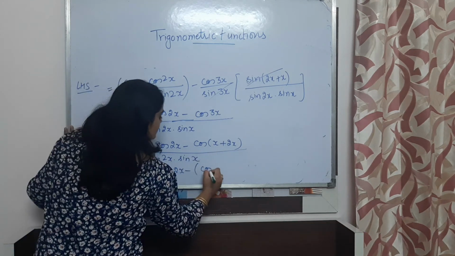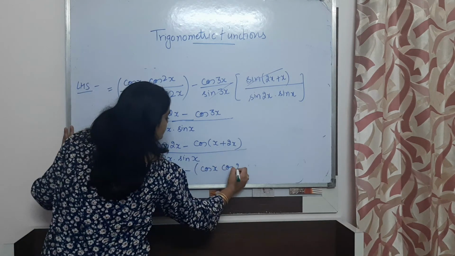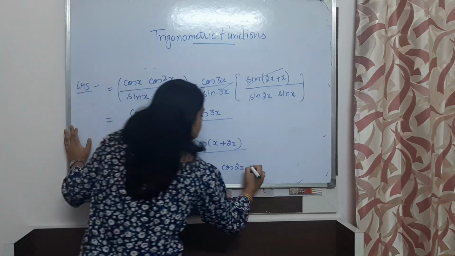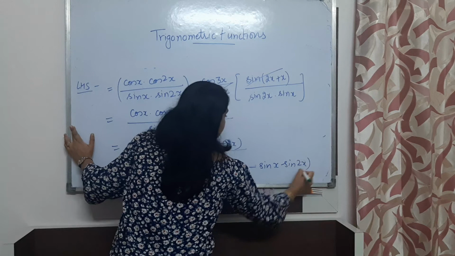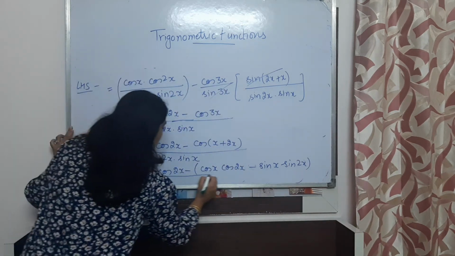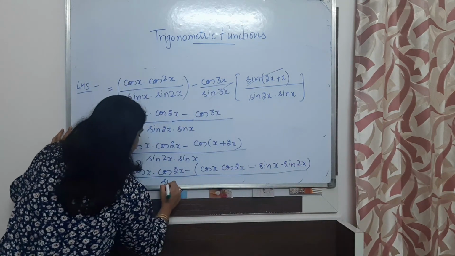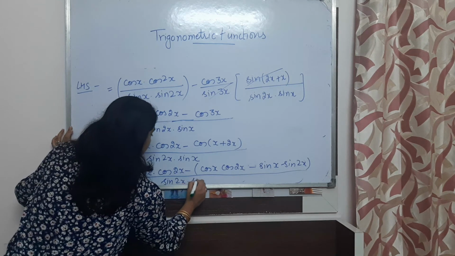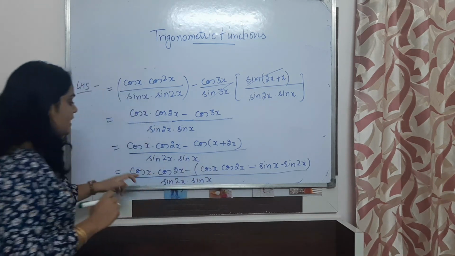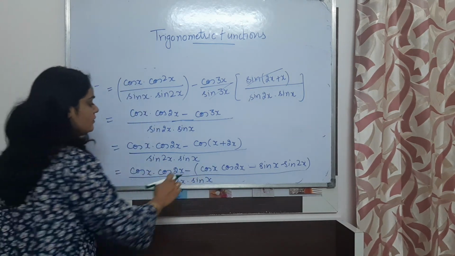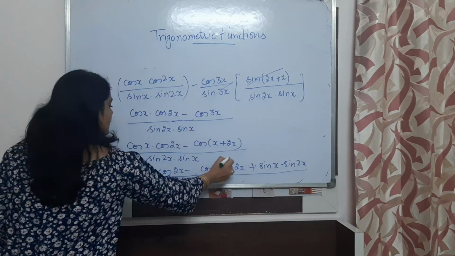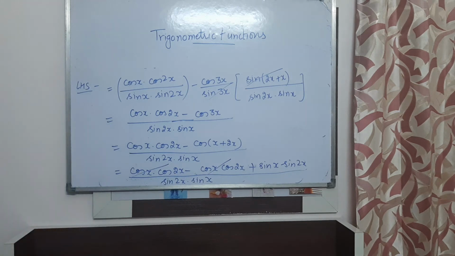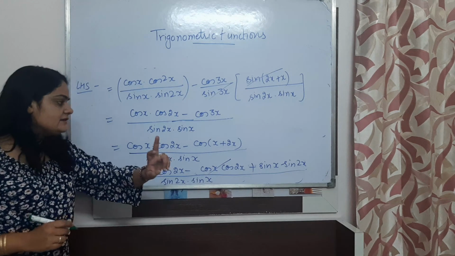It is cos a cos b minus sin a sin b whole upon sin 2x into sin x. Of course, the negative sign is out, so when it goes inside, it becomes positive, and cos x into cos 2x, both are the same terms, so we can cancel them out.